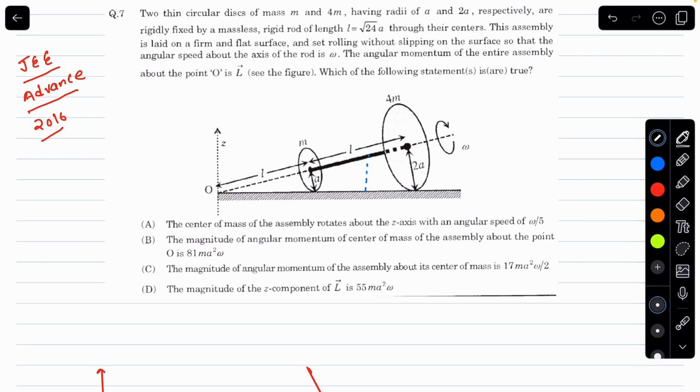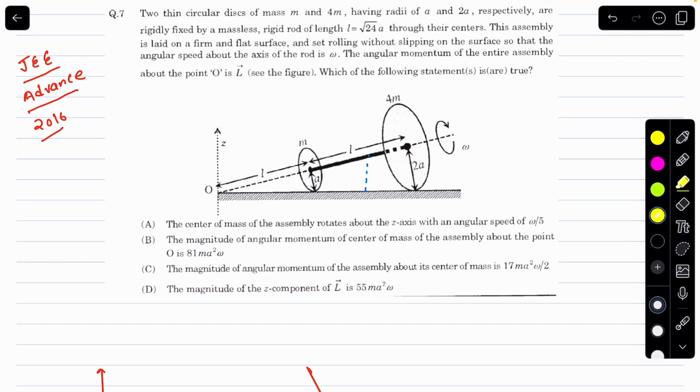Let's go. So here what is given is two thin circular discs M and 4M having radii of A and 2A respectively, rigidly fixed by a massless rigid rod of length root 24 A through their centers. So let me point out some important information which we are getting here.